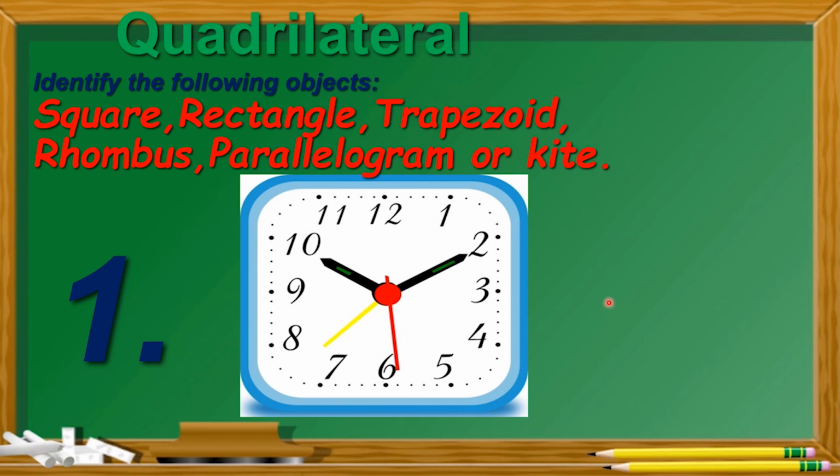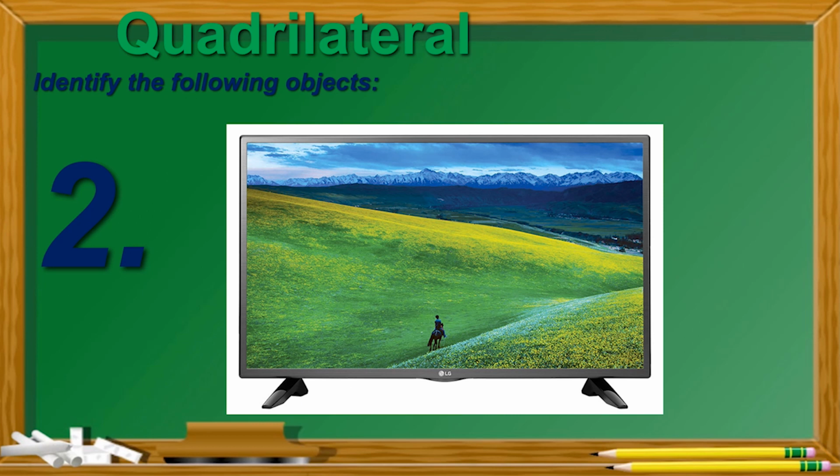What is your answer? That is a clock. This is a square. Next, this one, a flat screen television. What is this? A rectangle. Very good. This is a rectangle.